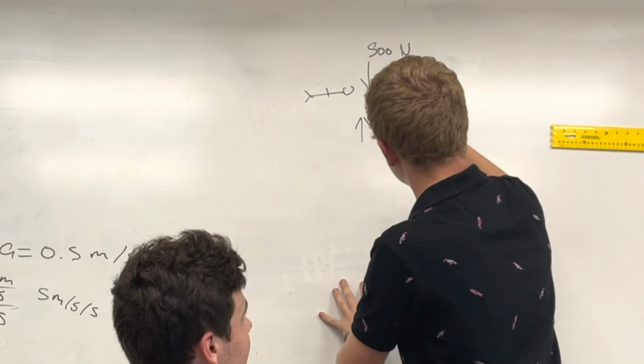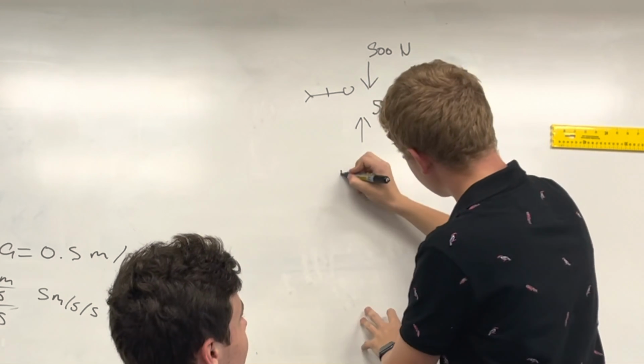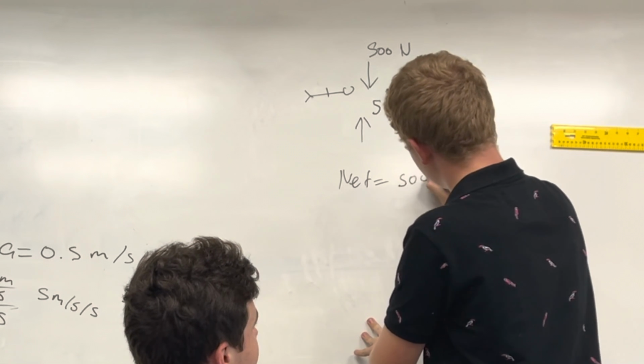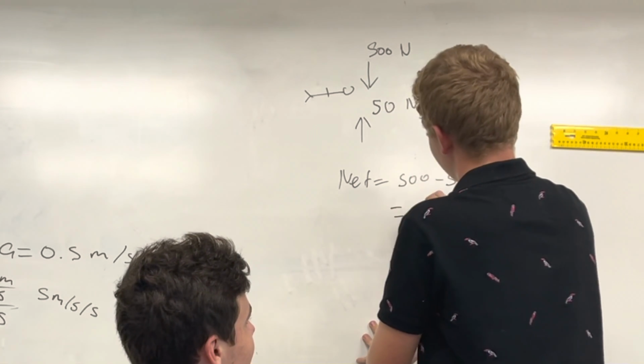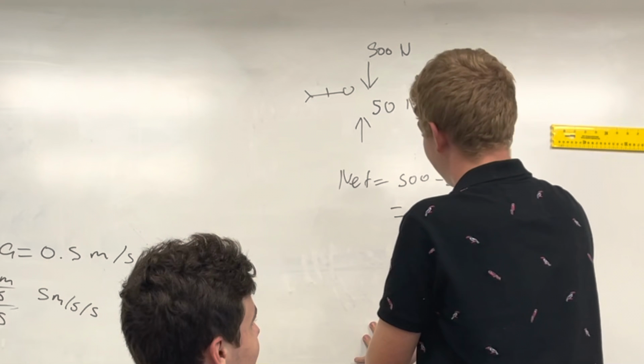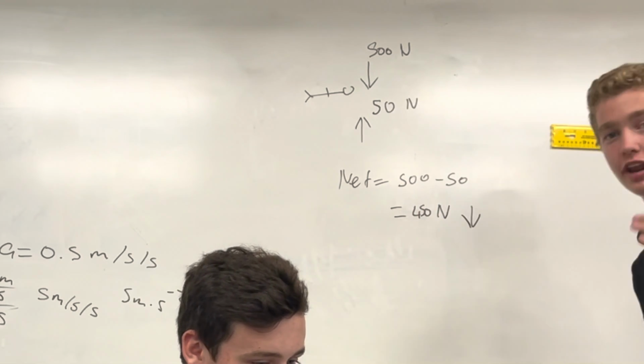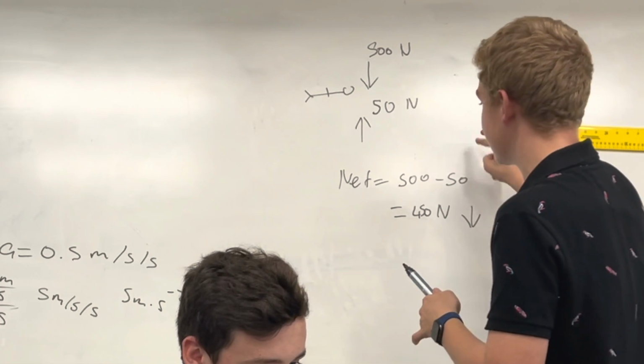We'll say, for the sake of it, it's 50 newtons. Net force is going to be net equals 500 minus 50, which equals 450 newtons downward. So that's why it moves. It's got an unbalanced force of 450 newtons down.